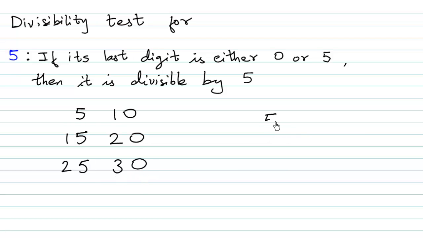So if the last digit is either 0 or 5, 25 is divisible by 5, 125 is divisible by 5, 4125 is divisible by 5, and if a number ends in 0 like 60 or 360, it is still divisible by 5. But if I suddenly write 2 behind it and the units place becomes 2, then that number is not divisible by 5. If you divide this number 41,252 by 5, you're not going to get a remainder of 0.